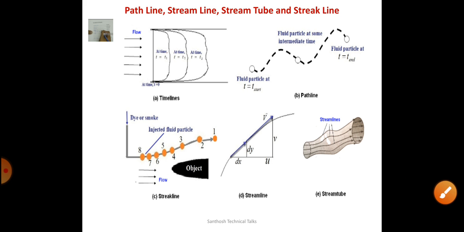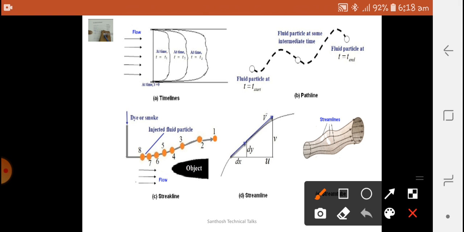Okay. So finally, after all the approaches, we are describing the fluid particles, either as a path line, a streamline, a stream tube or a streak line. First of all, we have to know what is meant by a timeline. A timeline shows how the fluid flow behaves at different times and different positions.